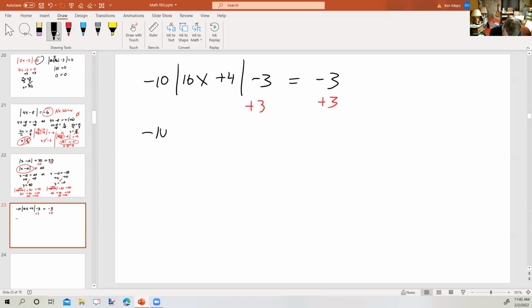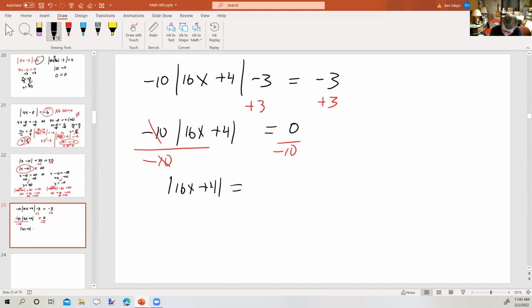So now I have negative 10 times the absolute value of 16x plus 4 equals 0. We need to get rid of that negative 10 coefficient out front. So we'll divide both sides by negative 10. We now have the absolute value of 16x plus 4 equals 0, since 0 divided by negative 10 is 0. So now we have an absolute value set equal to 0. So there's going to be just the one possible equation.